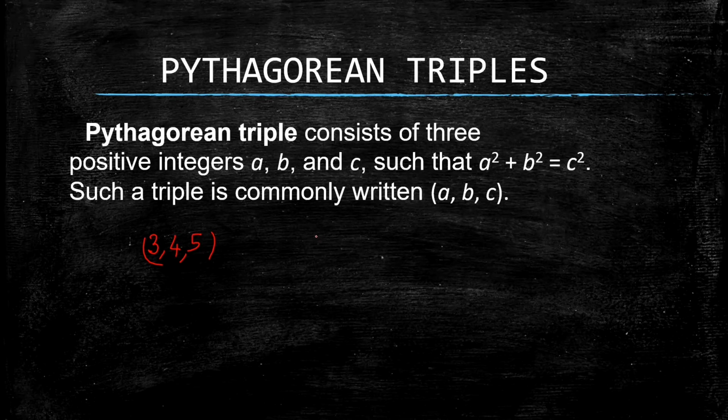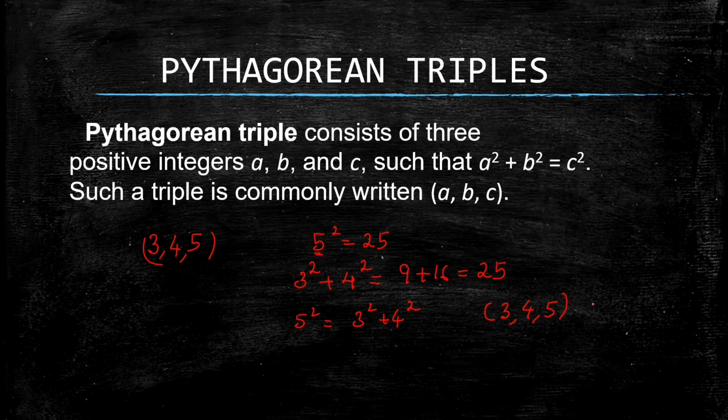So 5 square, the largest one, is 25. Now let me add the squares of the other two integers, which is 3 square plus 4 square, which is 9 plus 16. I get 25. So the square of the largest one is equal to the sum of the squares of the other two integers. Therefore, I can say that 3, 4 and 5 form a Pythagorean triple.